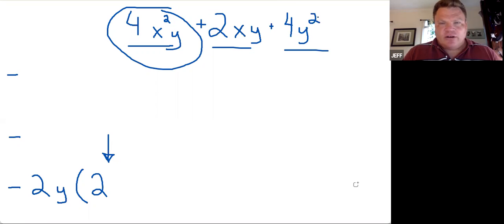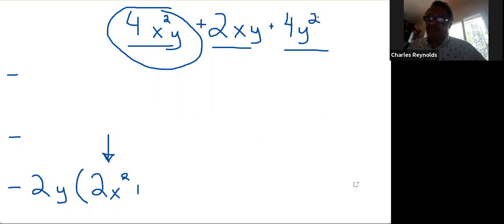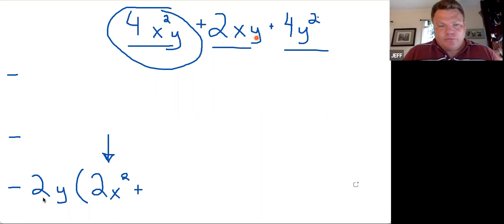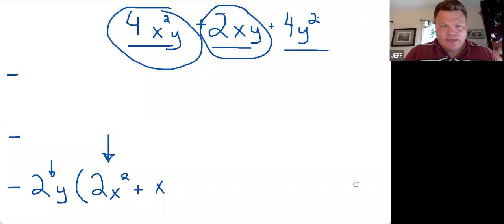The x squared gets to just come on down because we didn't take anything out of there. But we did take the y. The y is out here already. So next one, 2xy, 2 times x times y. We took the 2 and the y out, so the only thing left over is the x, which goes there. So that one's done. I'm going to hurry through this because, again, this is not the way to solve this, I don't think.